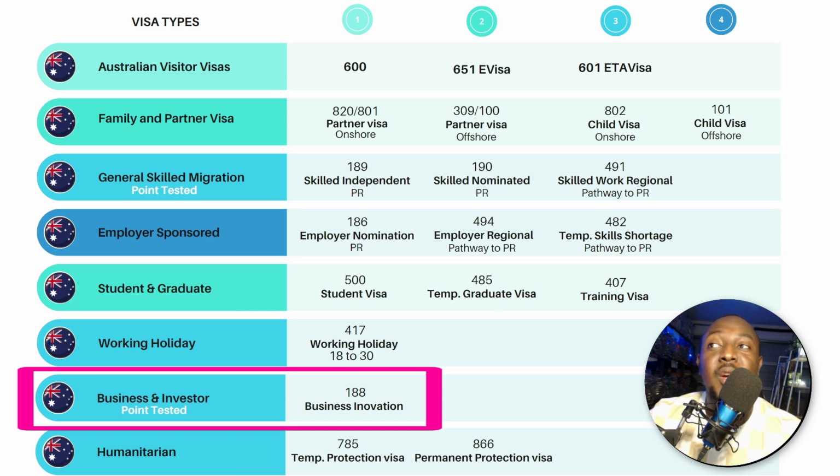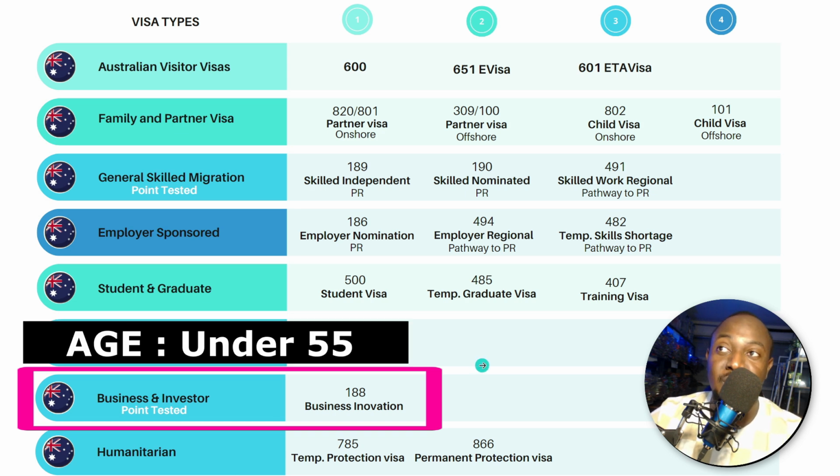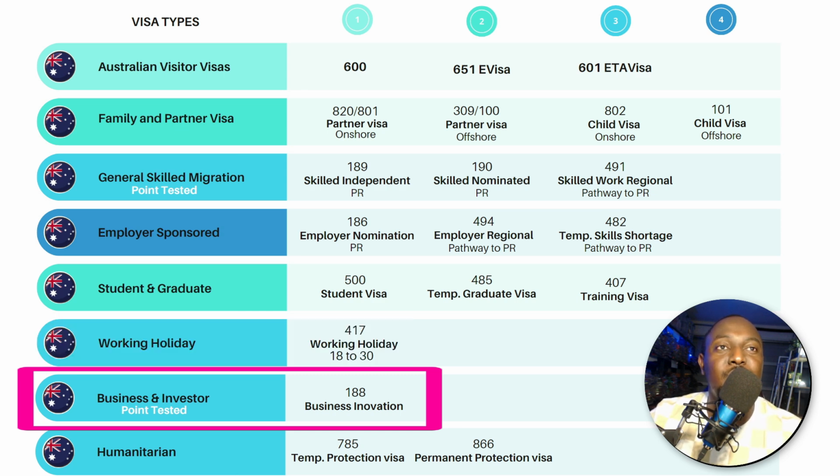With this business innovation visa, you need to be under 55 years old. If you're over 55, the business you want to conduct in Australia needs to be very beneficial to the Australian economy for the age requirement to be waived. But again, you need to be under 55 to qualify for this visa.